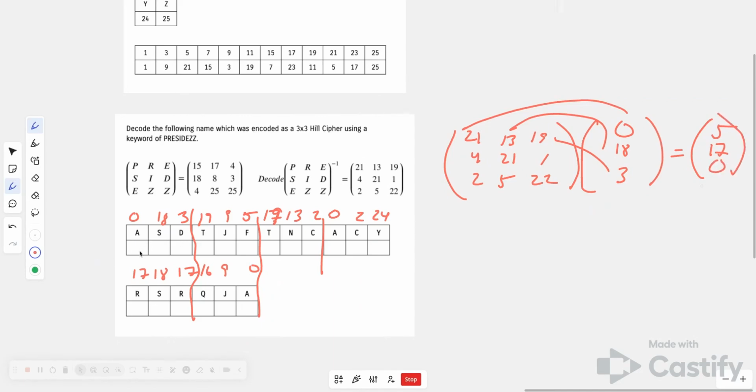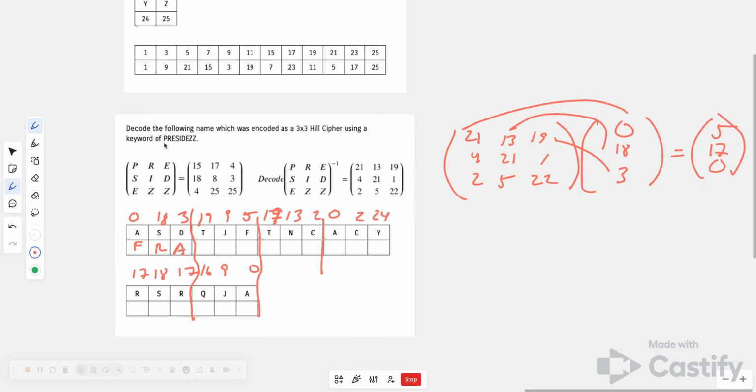So now we can take those letters again, and similar to 2 by 2, we can put them in here. So 5 is F, 17 is R, and 0 is A. And similar to how we can do alternate letters in 2 by 2, we should probably do that here as well, because we can sort of guess the letters too.